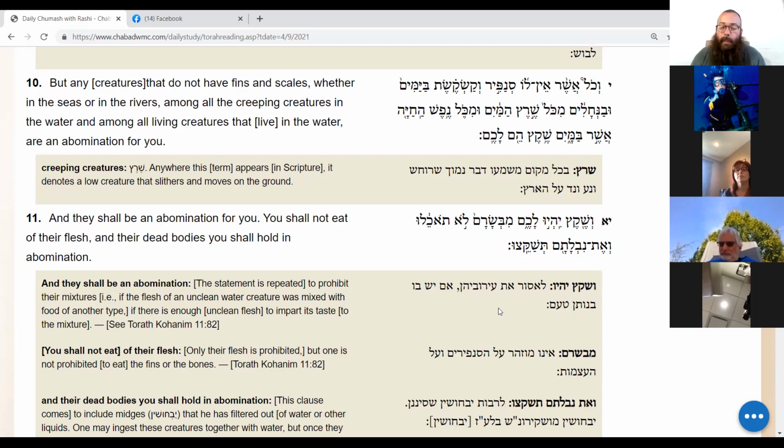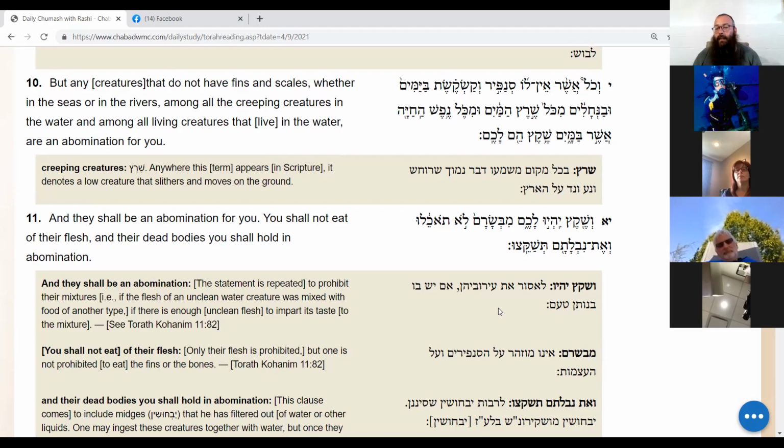Mikol nefesh chaya shebamayim, all living things in the water, the whole seafood industry that are not fish that have fins and scales. Sheketz hem lachem. They are disgusting to you, to a Jew. They are abominable. Like they say, sometimes reminds me, they say they're bottom feeders. Ooh, how could you eat it? But it's not because they're dirty, just Torah considers them that as we said at the beginning of the class, that a Jew has a special mission.